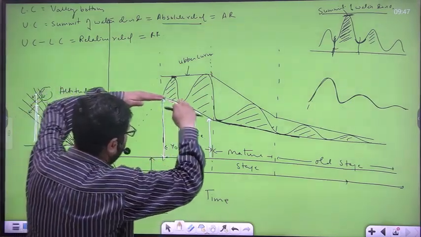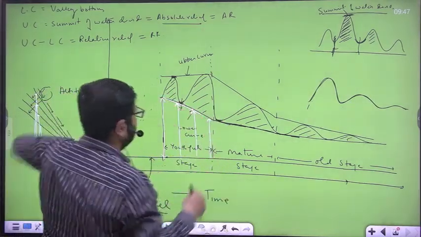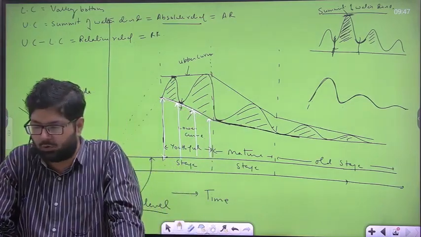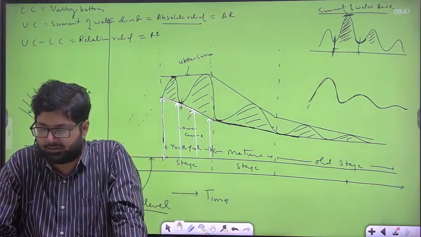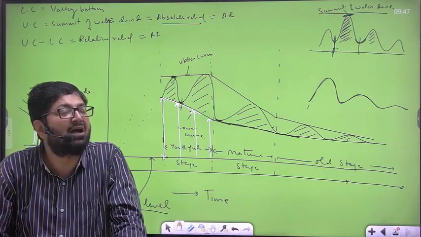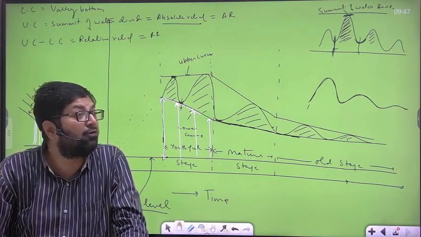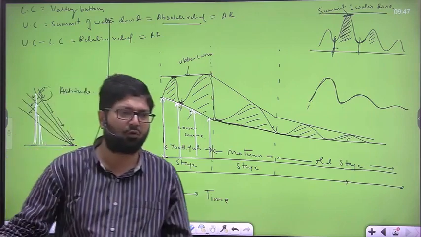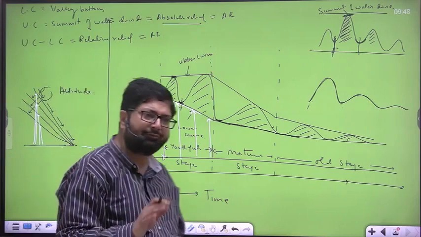This height of the valley bottom is decreasing. The rapid fall of lower curve, this rapid fall, rapid valley incision is depicted on the graph by rapid decline of lower curve. Clear?